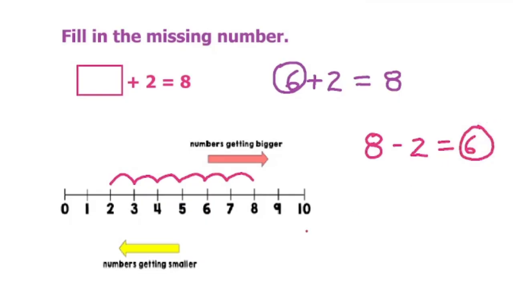Now to do that, you would picture yourself at 8 and go back twice until you hit a number. So you know you have to go back twice because these are the numbers given. If you start at 8 here and go back 1, 2, we end up at 6. So we know this is the number we're looking for.